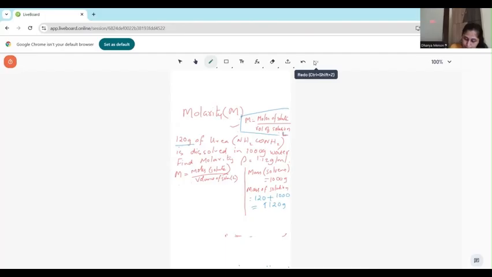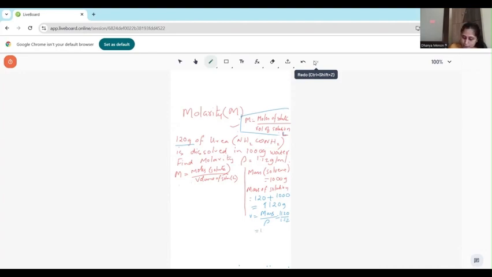So volume is given by mass over density, which is given by 1120 over 1.12, right? Which is equal to, when you solve it, 1000 ml.